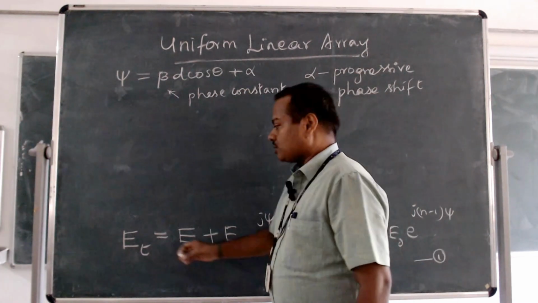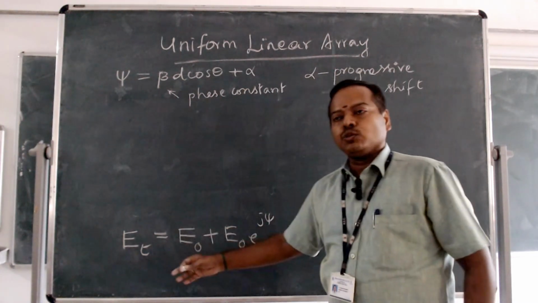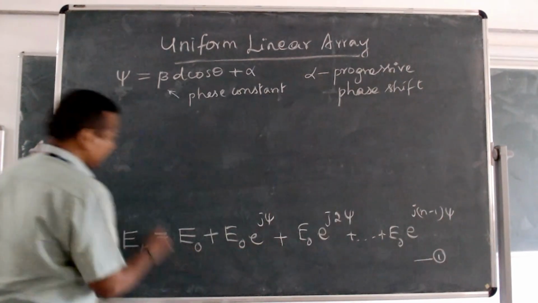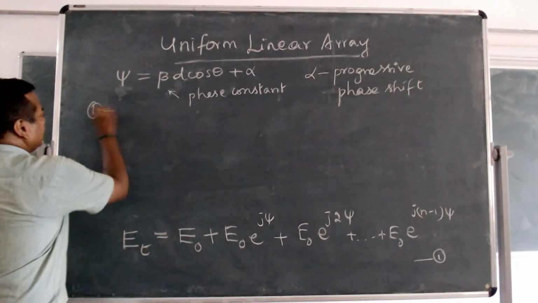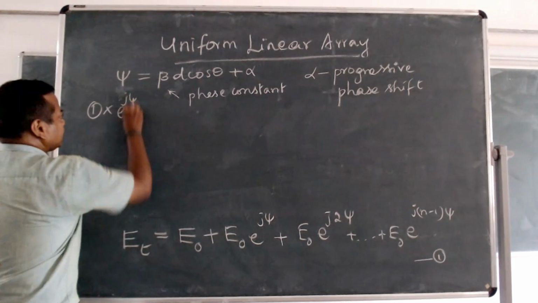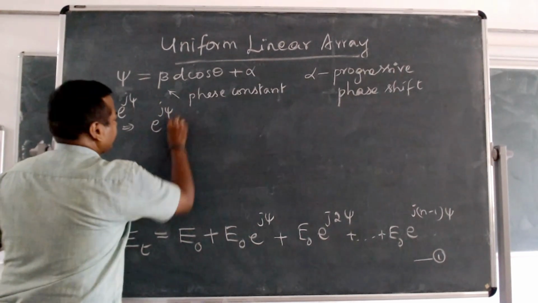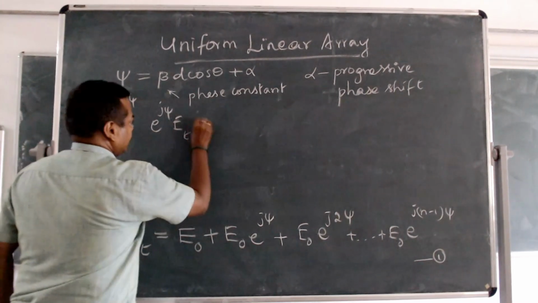All right, now we proceed to find the normalized radiation pattern. If we multiply equation 1 by e power j psi, we get e power j psi into Et.